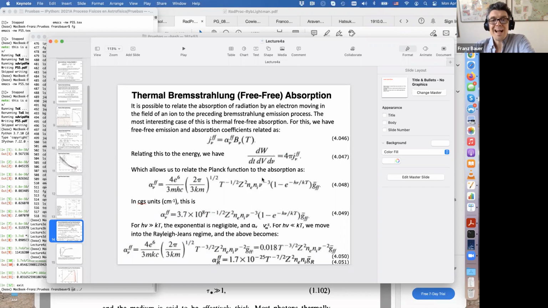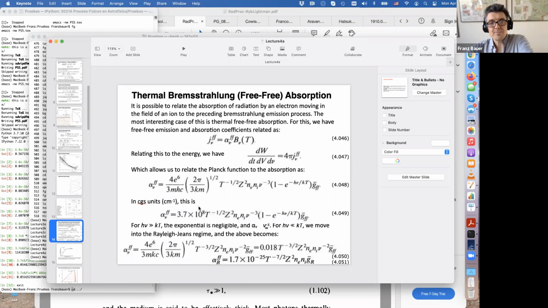At very, very low frequencies, this will be very, very high. So at very long wavelengths in the radio, you will have absorption. Most of the photons might actually be absorbed, and you only see photons which come out at higher energies, higher frequencies, shorter wavelengths.